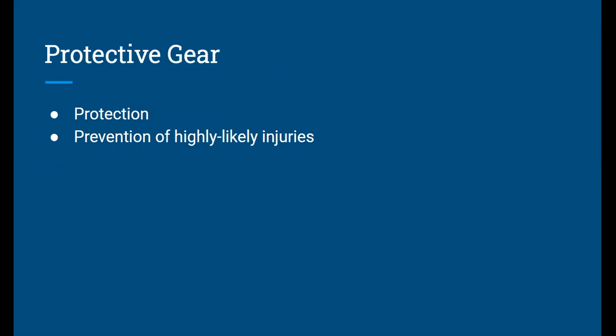Protective gear, by the name itself, is for protection, and it prevents injuries which are highly likely. Like for example in football you wear shin guards, because it's very likely that some other player while trying to kick the ball may miss it and kick your shin. So that's a preventive measure for injuries.